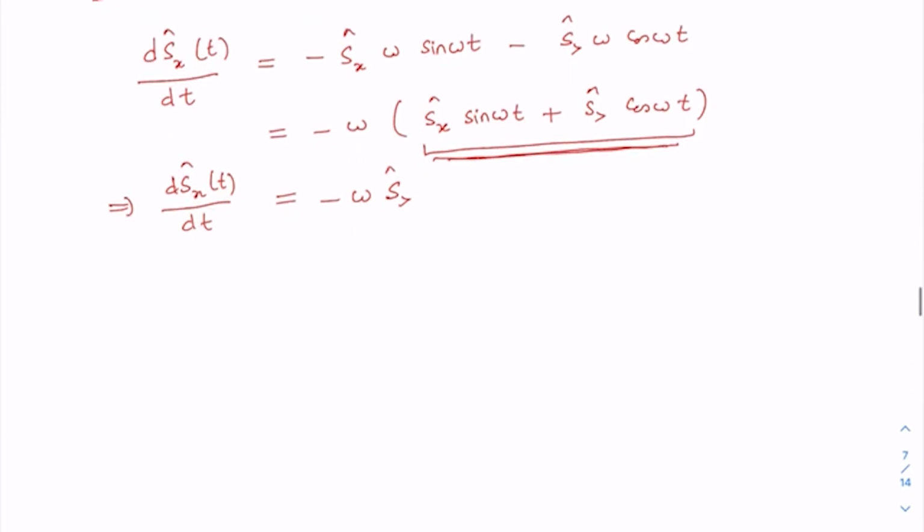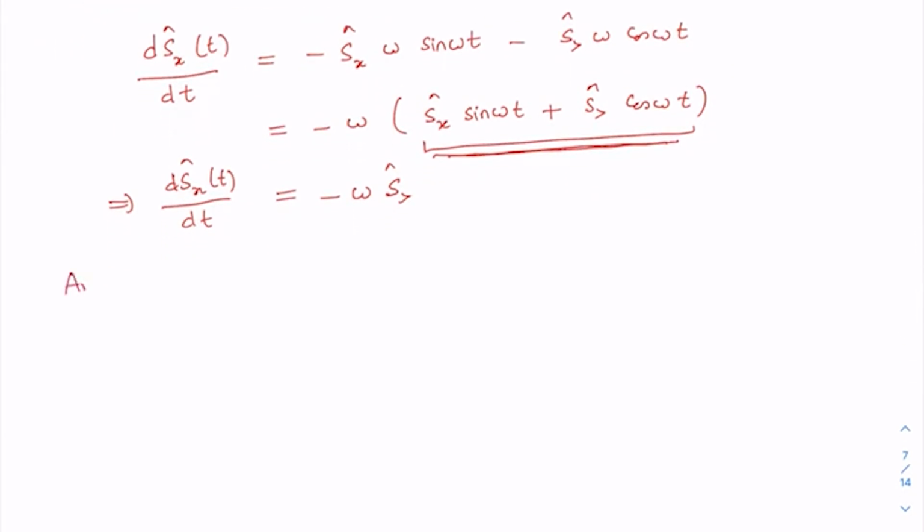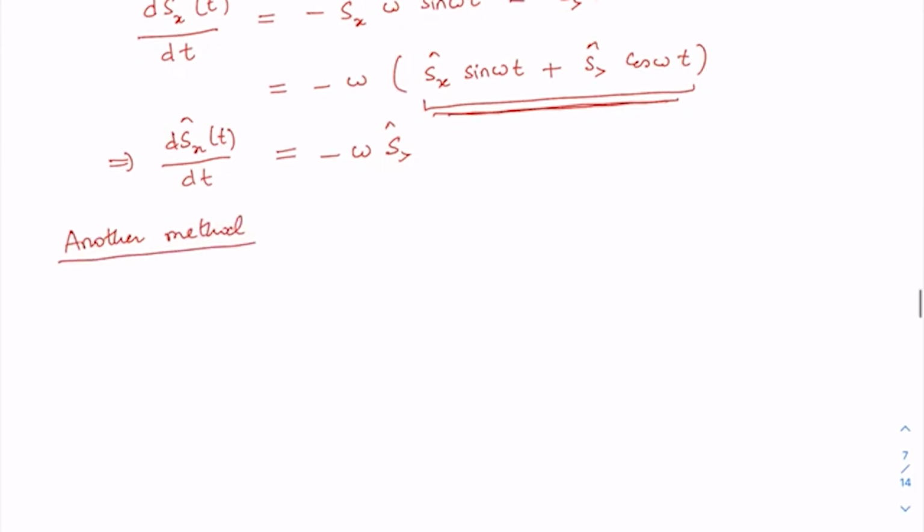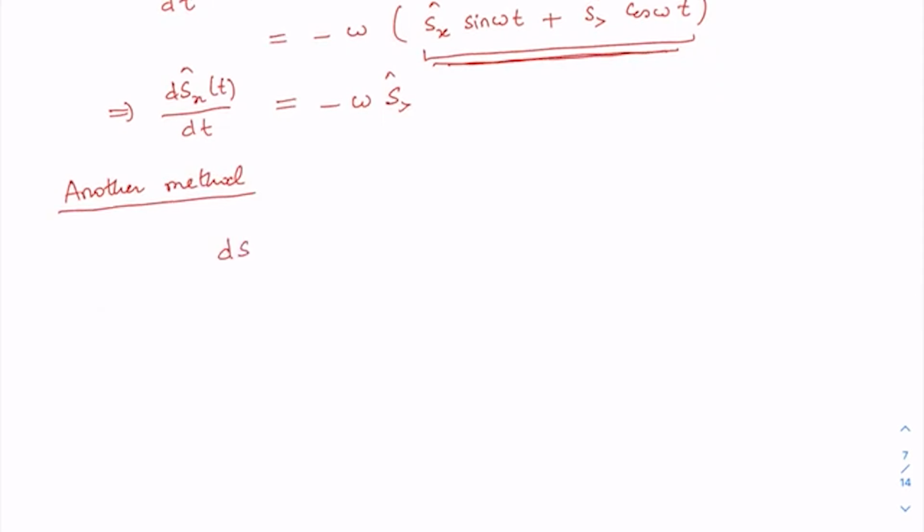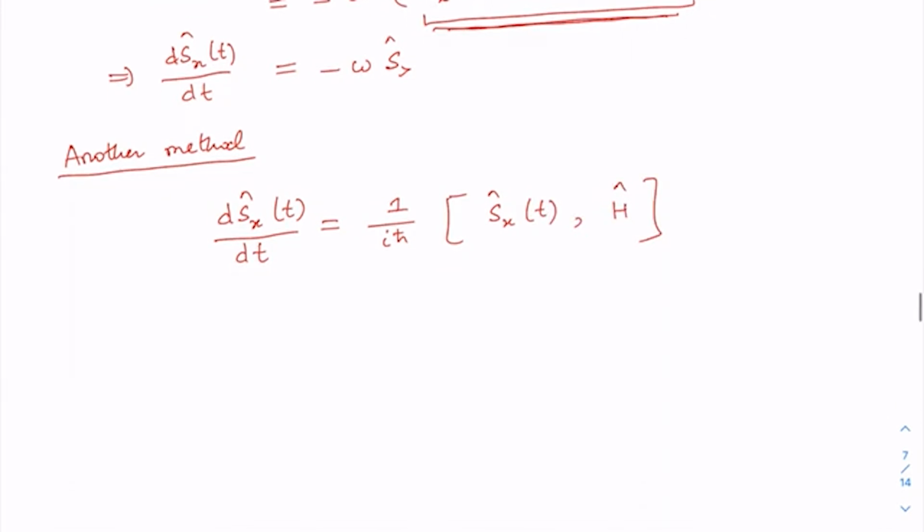But let me show you another method which may be more straightforward to work it out. We know the Heisenberg equation of motion for this operator. So we have dSx(t)/dt equal to 1 by iħ, the commutation between the operator and the Hamiltonian.